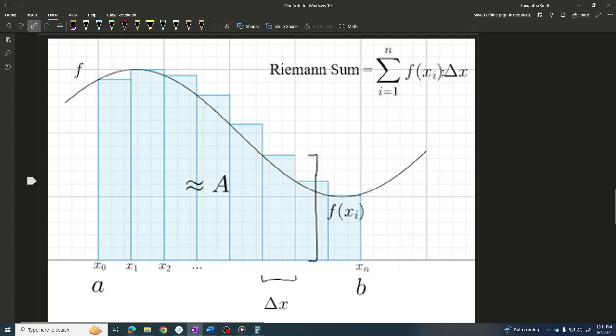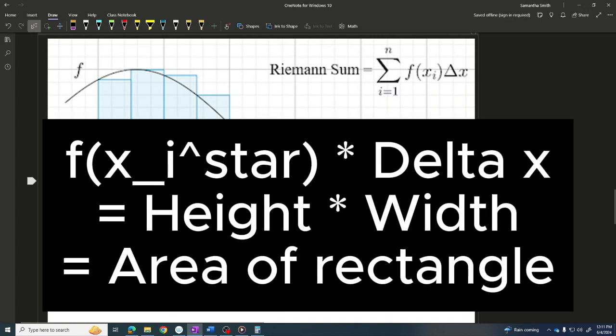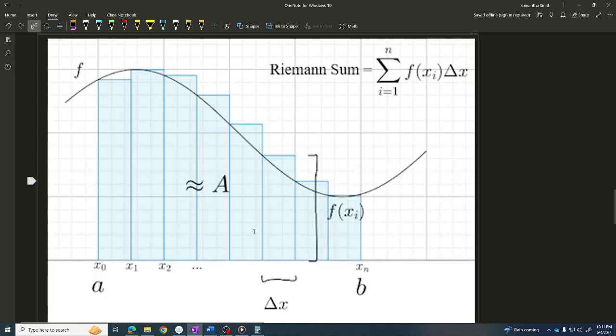And if you multiply together a height and a width, as we have a product in this Riemann sum, height times width gives you area. Height times width gives you the area of a rectangle.